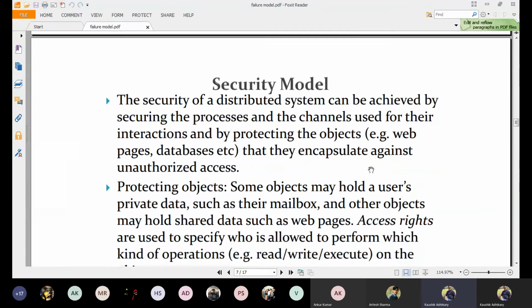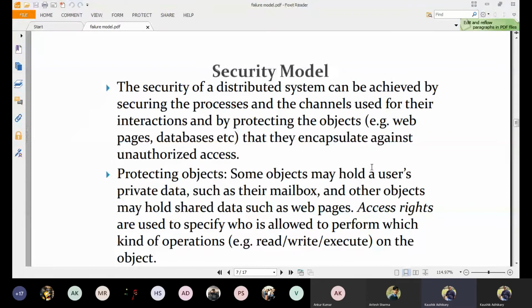Now I will discuss the security model. The security of a distributed system can be achieved by securing the processes and the channels used for their interaction, and by protecting the objects, for example web pages or databases, that they encapsulate against unauthorized access.